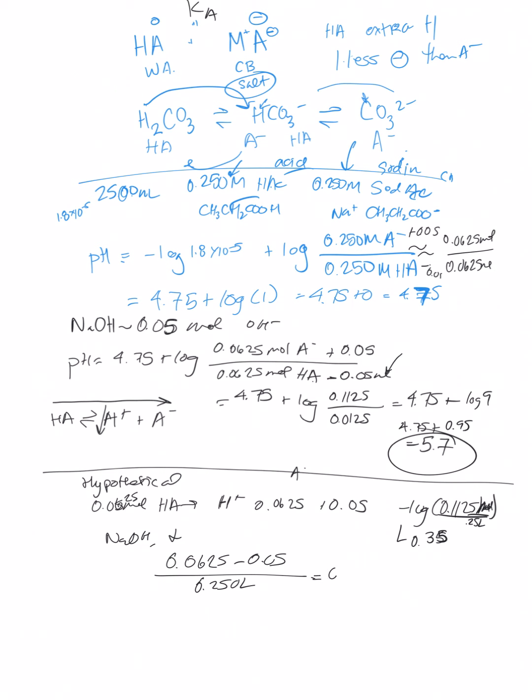Okay, that gives us 0.05, minus log of 0.05 gives us 1.3. All right, so we're still lower because we don't have any conjugate acid hanging around. But we can see here, when we go from adding or subtracting from that, we go from 0.35 to 1.3.